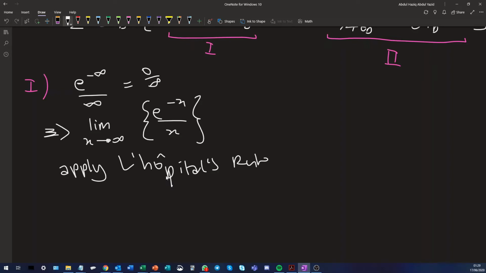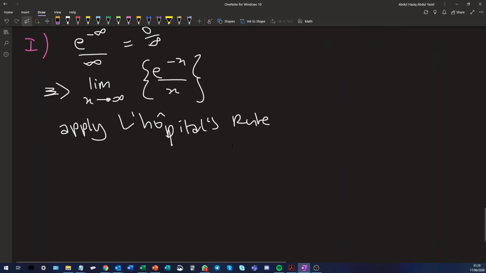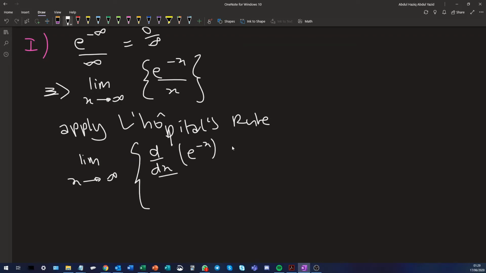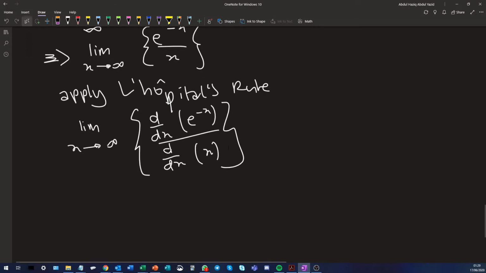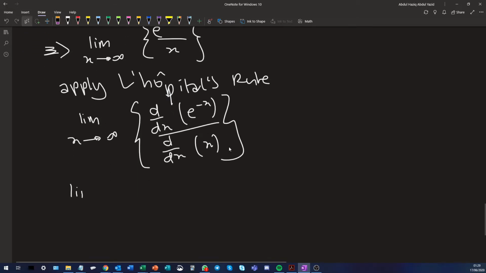And when we apply L'Hopital's rule and we have a quotient, we just take the derivative of both the top and the bottom. So this is what we'll be getting. I certainly hope I drew this thing big enough. So e to the negative x over here, and d over dx of x over here. So this would lead us to, I'm sorry that I'm going to redraw this.